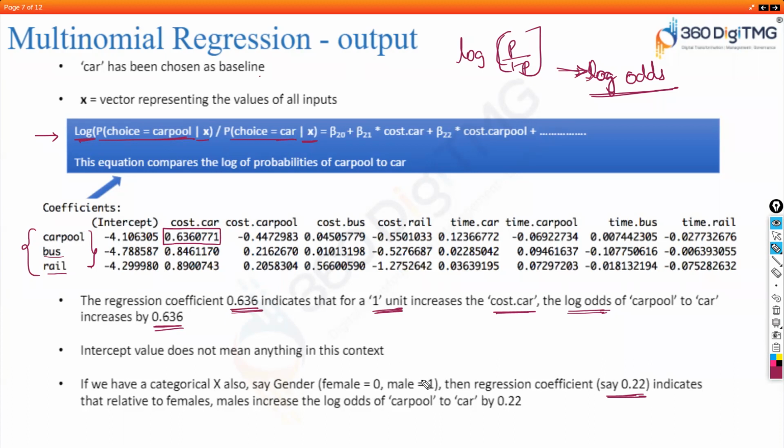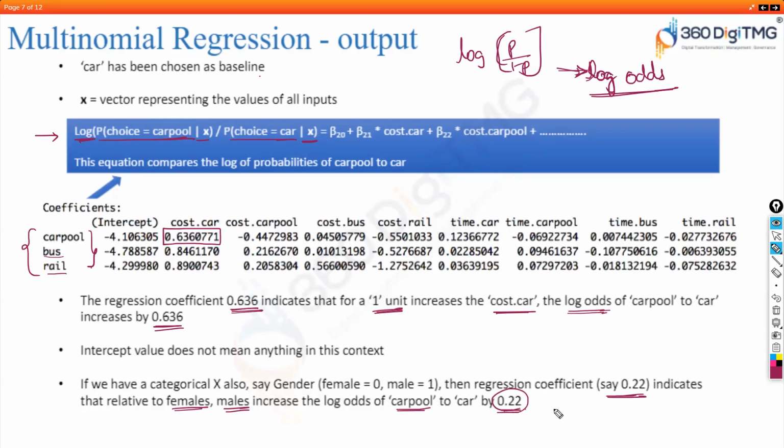If female is 0, male is 1, that indicates that relative to females, instead of a female, if there is a male, the chances of the male preferring carpool to a car increases by 0.22. That means male passengers would prefer a carpool over female. That is what it means. By what factor? By 0.22.